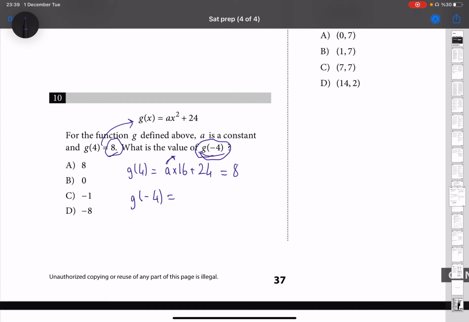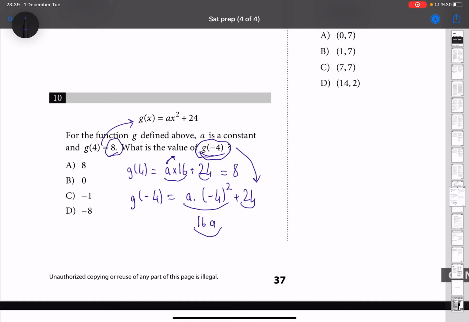The question wants g of minus 4, which equals a times the square of minus 4 plus 24. The question asked me to find this. But if you realize that the square of minus 4 is 16 again, this term doesn't change, 16a.